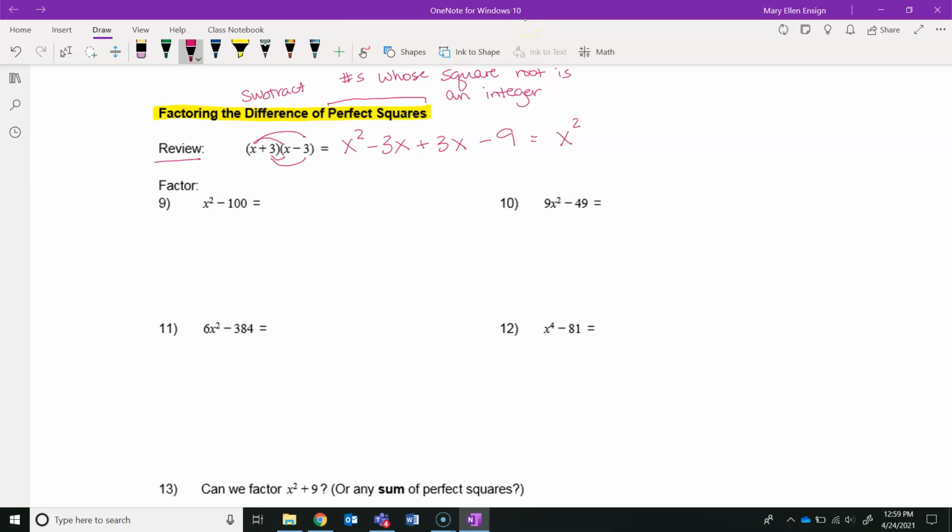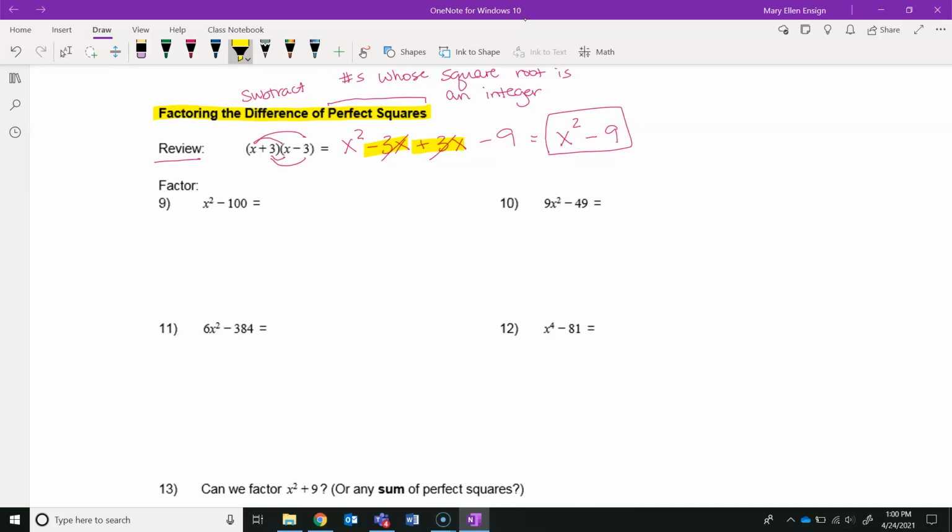So x squared, I combine these two, they actually cancel out. -3x plus 3x, so I have -9. Okay, so this is my answer when I multiply these two binomials, which is a little bit unusual because usually these two middle terms combine and I would have some middle term, x squared plus 5x or minus 13x or whatever it is. So it's a little unusual that I multiplied these two and ended up with a binomial.